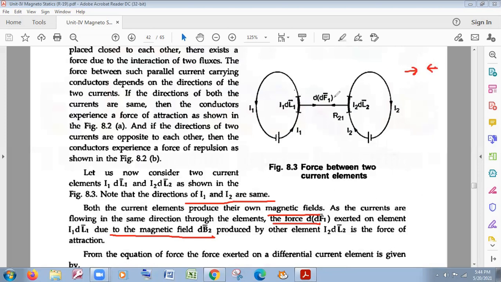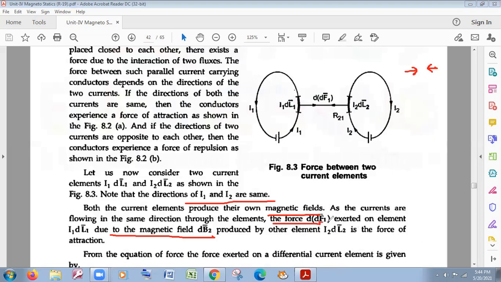We get this force only when both are present. If there is no second conductor, there is no force here. When the second conductor is there, the force is exerted due to the second conductor. If there is no first conductor and only the second conductor is there, there is no force. When the first conductor is there, the force is exerted due to the first conductor.